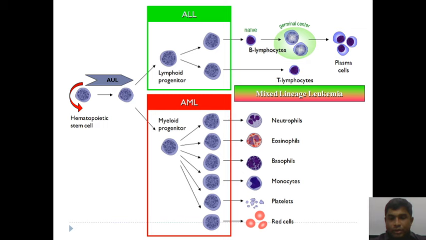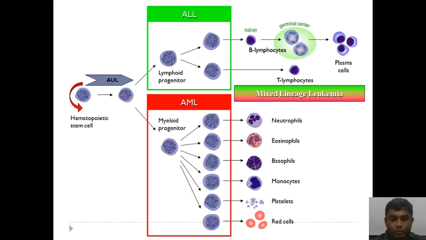In this class we will learn about the different aspects of acute leukemia, including the cell of origin, the types of acute leukemia, the different modalities of investigations used in the diagnosis and prognosis of acute leukemias, and in the end we will touch briefly on the treatment modalities.